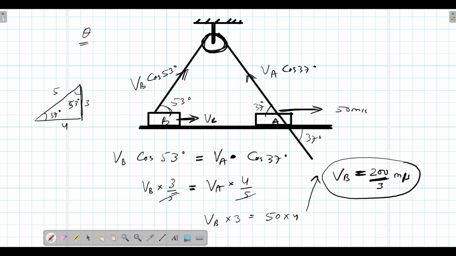So this is string constraint. Next is pulley constraint.